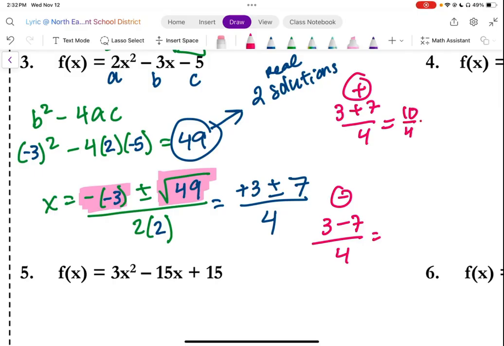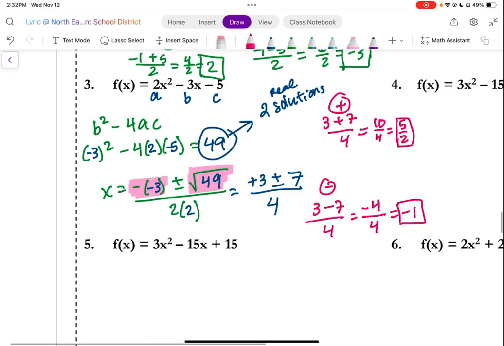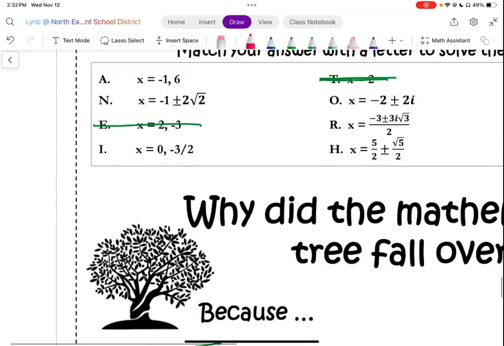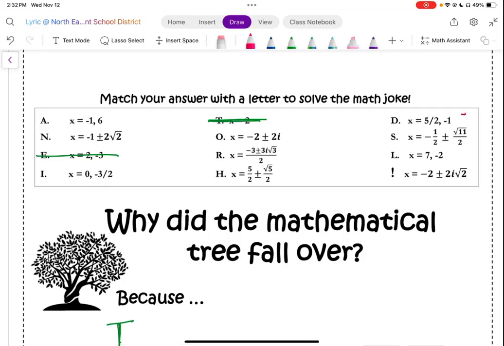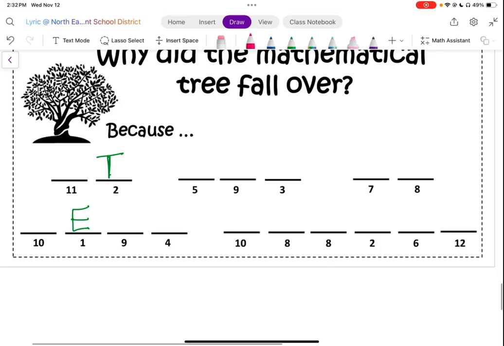We can simplify that to be 5 over 2. And then our last one, 3 minus 7 is negative 4 divided by 4 leaves us with negative 1. So our two real solutions here are 5 over 2 and negative 1. Let's check the back. We're looking for 5 over 2 and negative 1. Here it is, D. So number 3 is D.